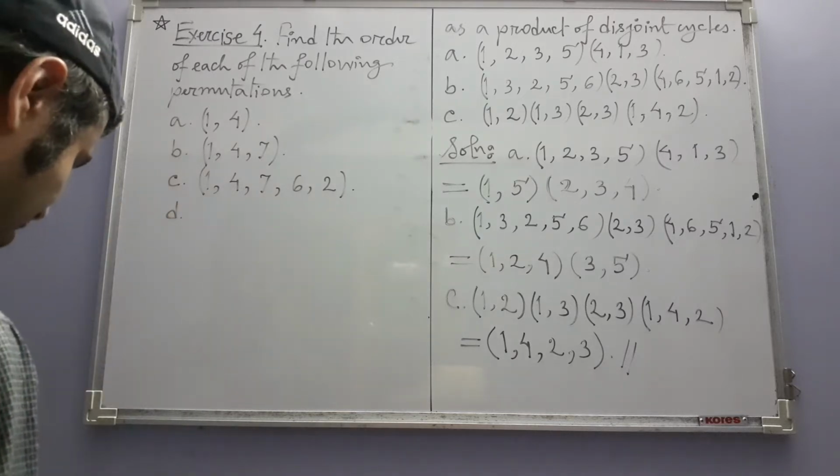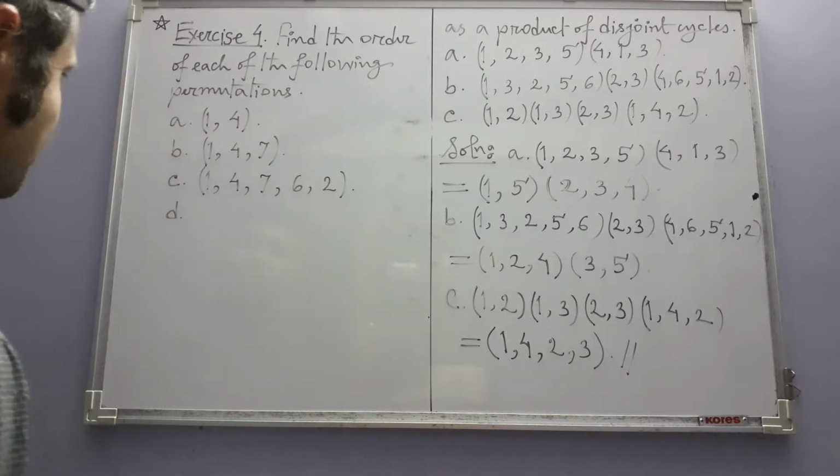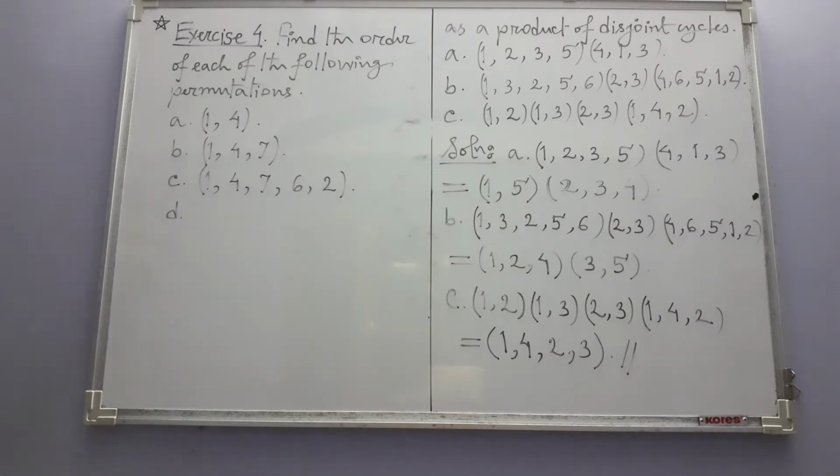Okay, first 1, 4, then 1, 4, 7, then 1, 4, 7, 6, 2.